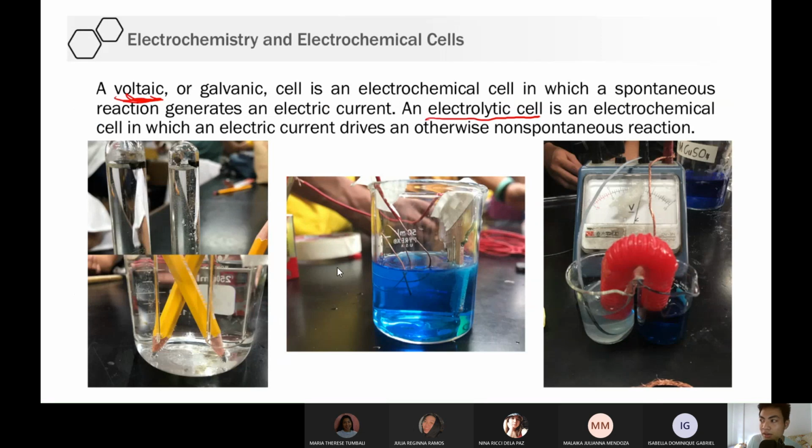Electricity is applied before the reaction happens. With a galvanic or voltaic cell, you don't need to apply electricity because they are the ones that give electricity. One example of a galvanic cell is our batteries. Here, we made a hydrolysis setup. This is used by astronauts in their spacecraft because in outer space, to get fuel, sometimes they use electrolysis.